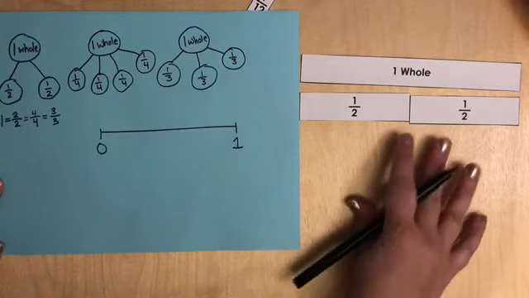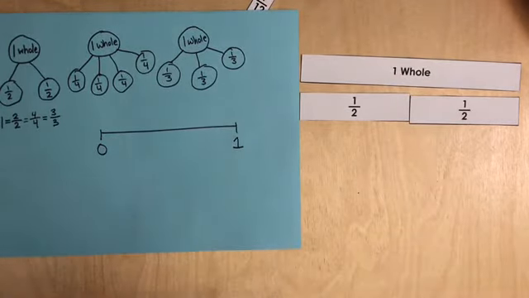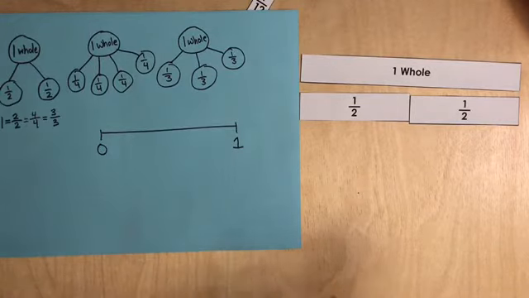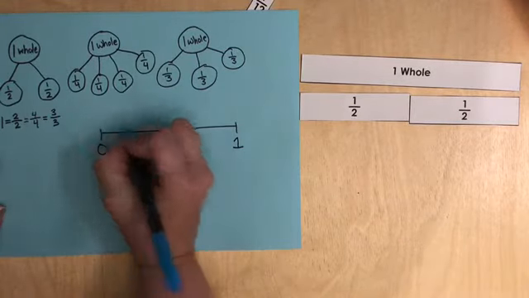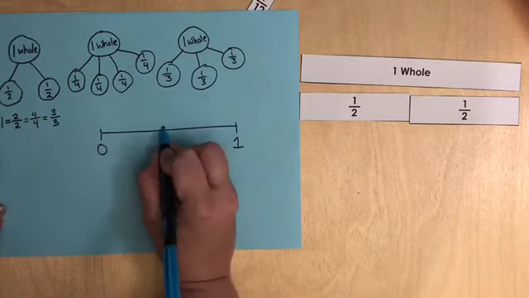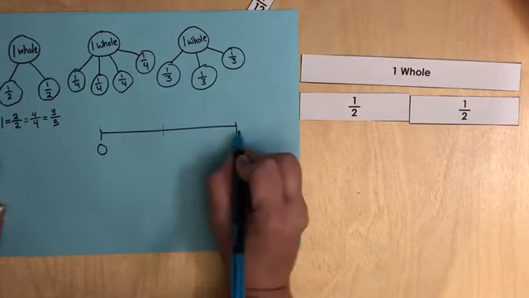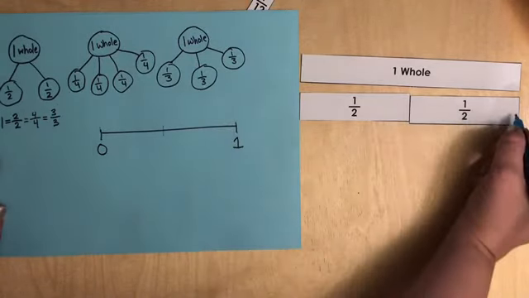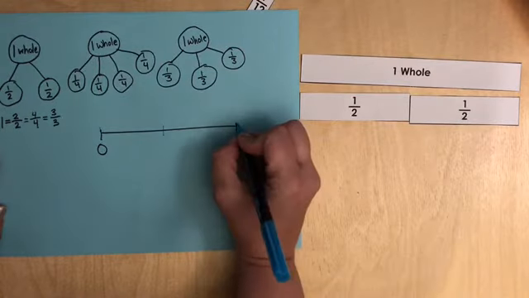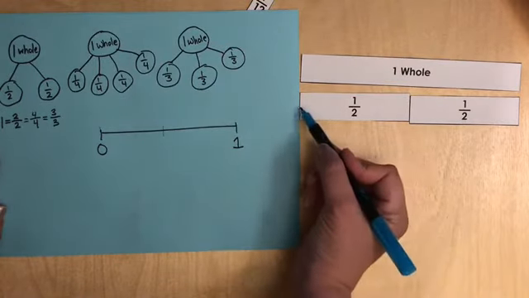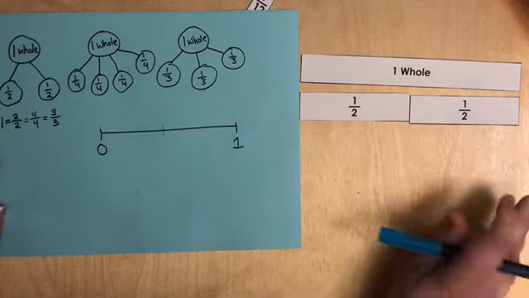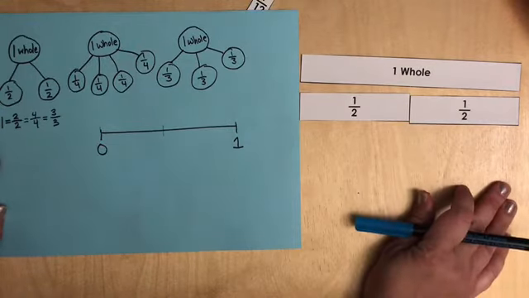And then I'm going to show where my halves are. So my halves start here, the first one ends right in the middle, and then the second one ends right at the one whole part, which makes sense because I have two 1/2s to get the full amount of the one whole.